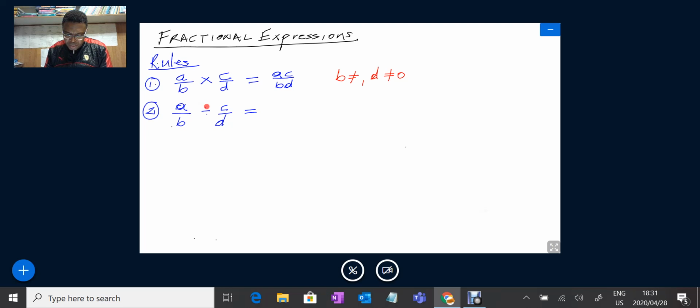When we were dealing with this topic on the previous lecture, we said we keep one fraction in its original position, and the division sign becomes a multiplication sign, and then we invert, or we just flip over the second fraction. So we are going to have D over C.